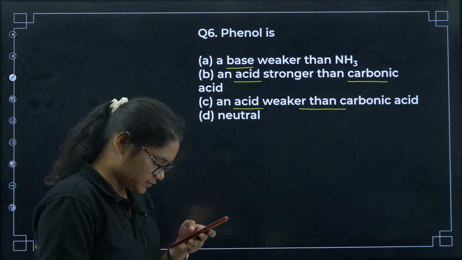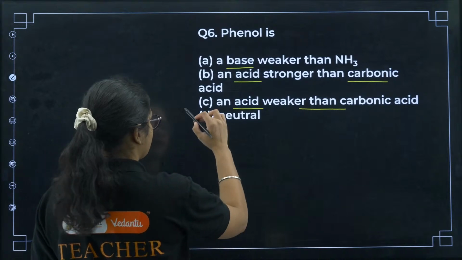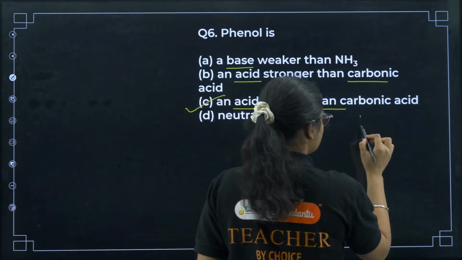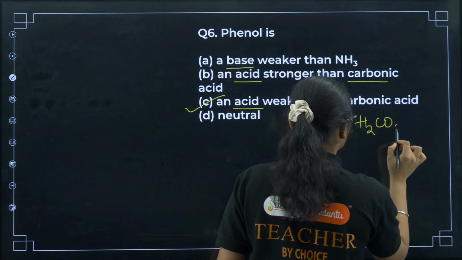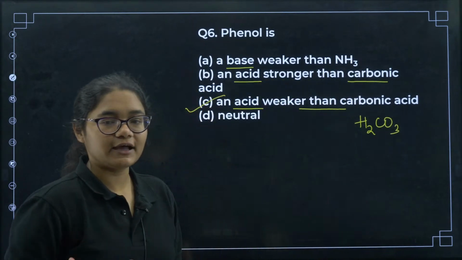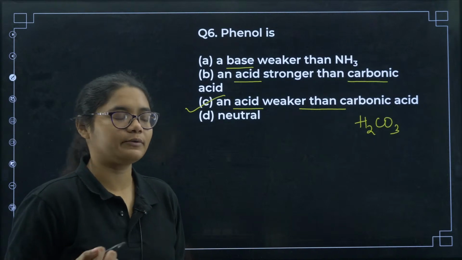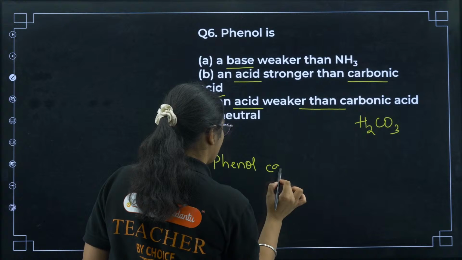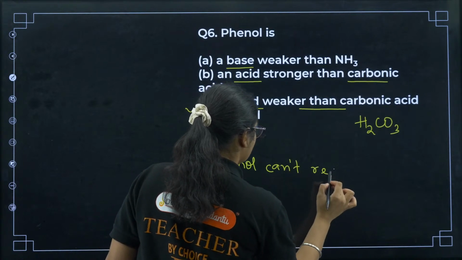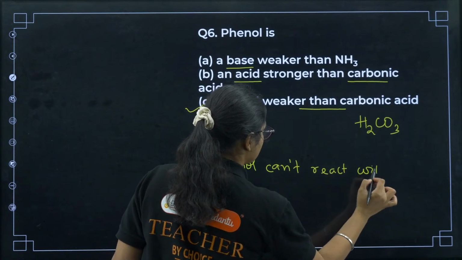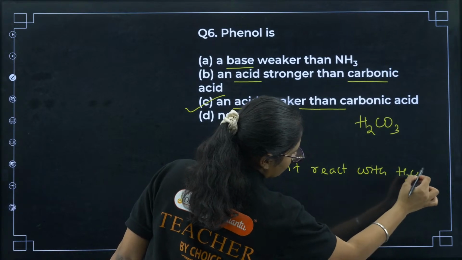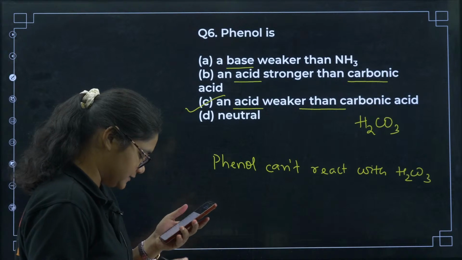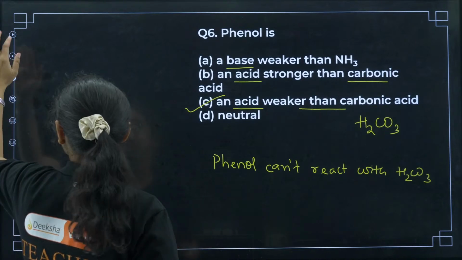Yes, sixth question, C, all of you are very correct. It is a weaker acid than carbonic acid. So please remember H2CO3. If it is a weaker acid than carbonic acid, then what will happen? Phenol cannot react with carbonic acid. Yes, all of you are absolutely correct here.